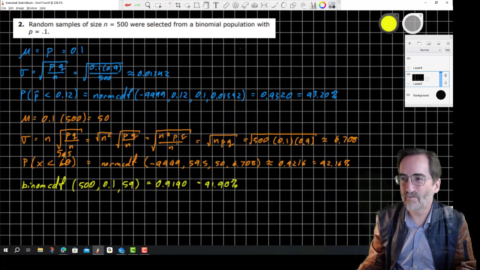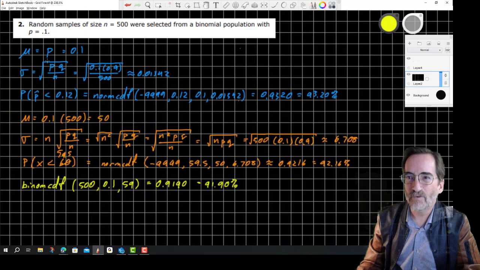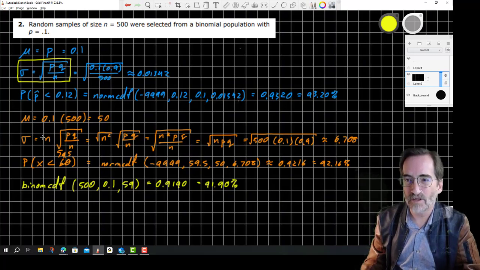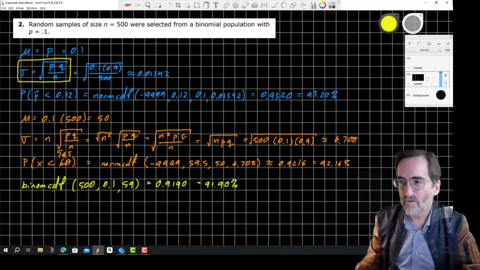Okay? And so these are three distributions that approximate the same thing, really. That's kind of what makes this confusing. Three different ways. So there are formulas here for the ratio of p hat. The standard deviation is the square root of pq divided by n, where q is 1 minus p, right? And if we want to scale it up and approximate the sum total instead of the ratio, the formula is the square root of npq, right?